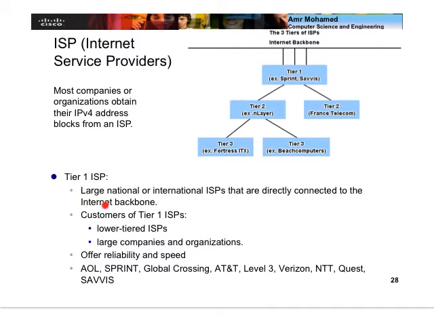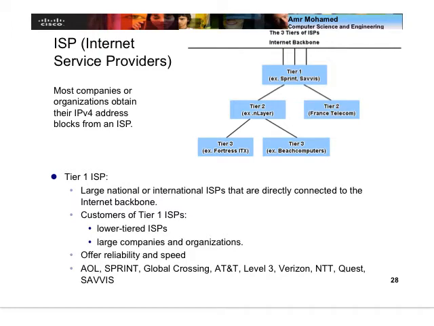So tier 1, as we have discussed before, focuses on large national or international internet service providers, which commonly provide this service to tier 2 and tier 3 service providers, in addition to, of course, individual users, if they choose to do that.